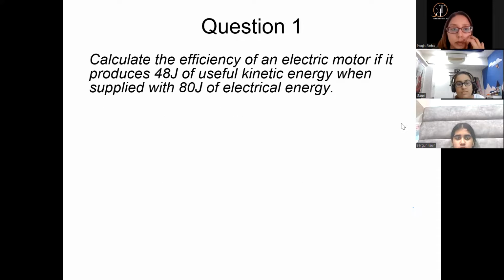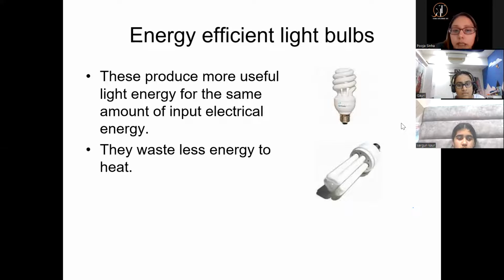Convert. Okay. Now let's come to something energy related: energy efficient light bulbs. In earlier times at home we used to see yellow bulbs, right? But nowadays they use these LED lights, right? Sargun, why do we use LED lights now? Do we use more LED lights first of all, yes or no? Yeah. Why? Because they're cost efficient and, more importantly, they produce more light energy. Say it in a different way. They waste less.